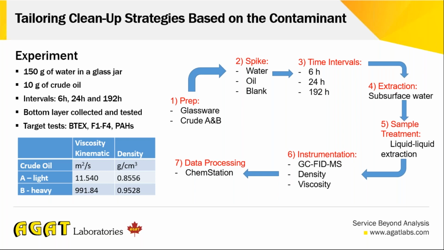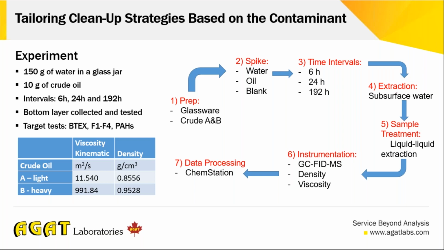We never mix two different types of crude oils. Then we left them for time intervals of 6 hours, 24 hours, and 192 hours. At all times, we made sure we had a blank accompanying the rest of the experiments. The bottom layer of that jar was collected.